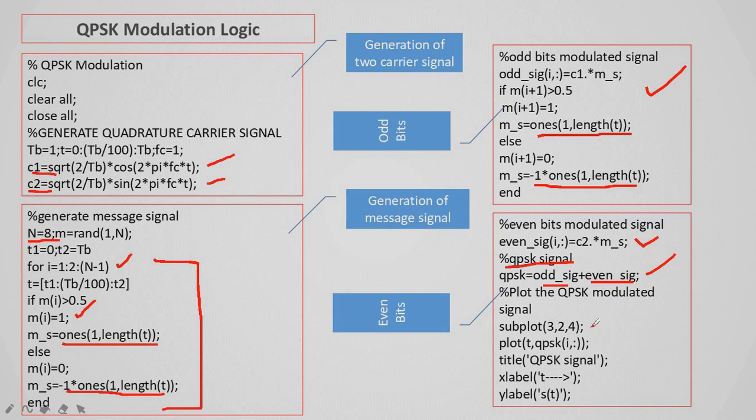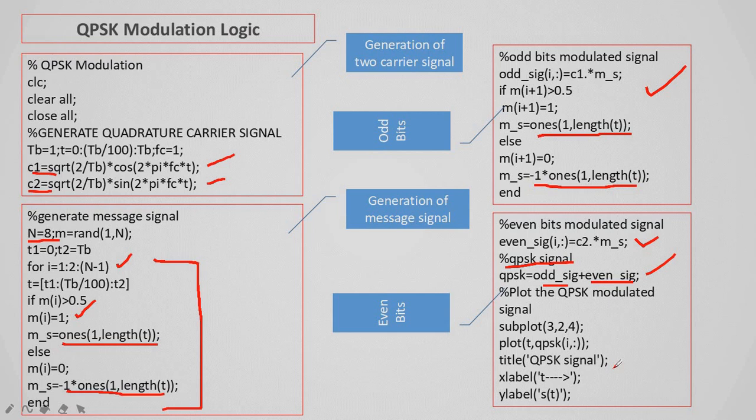Now here for subplot you can put 3, 2, 4 or 1, 2, 3 depending upon the matrix size. So here the matrix size is 3 cross 2 and the fourth is the position. Then plot t, QPSK I of all value, title it QPSK signal, x label is time, y label is s of. So this is all about the modulation part.